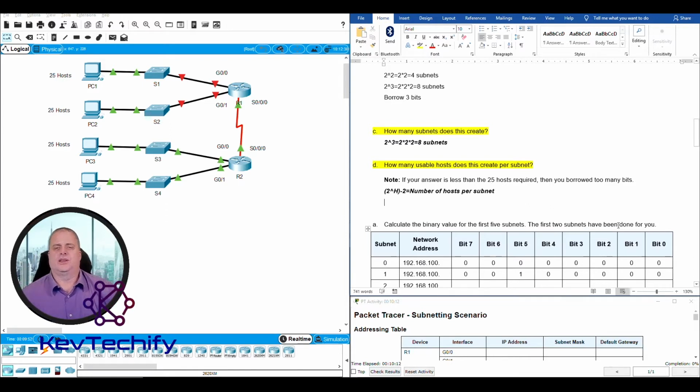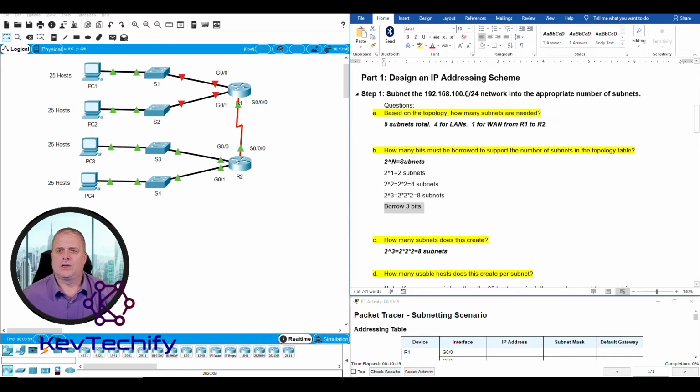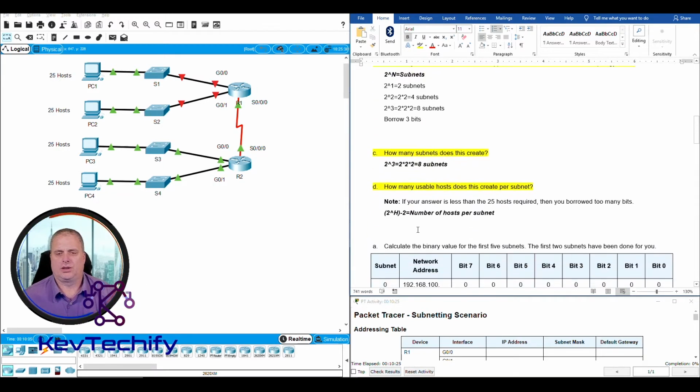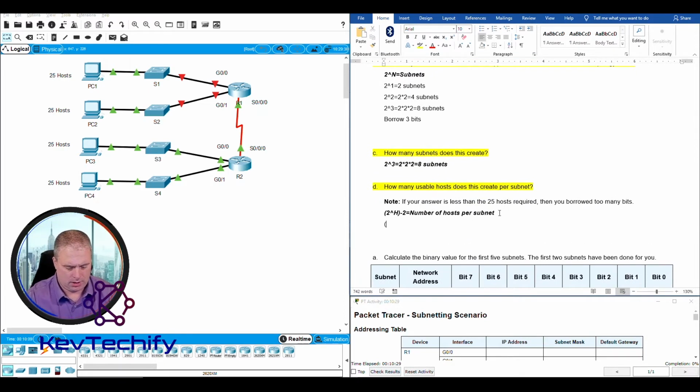As we look at this, we are borrowing 3 bits right here. If we borrow 3 bits of this 8 bits we can work with, that gives us 5 bits left in the host portion. And so our formula comes in here, 2 to the 5th minus 2. That gives us the number of hosts per subnet.